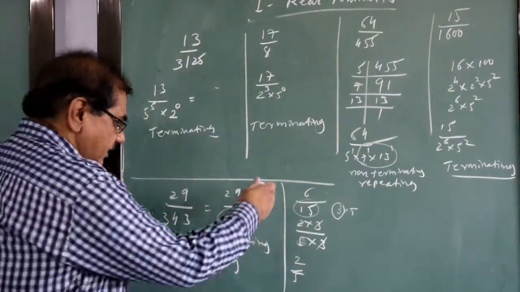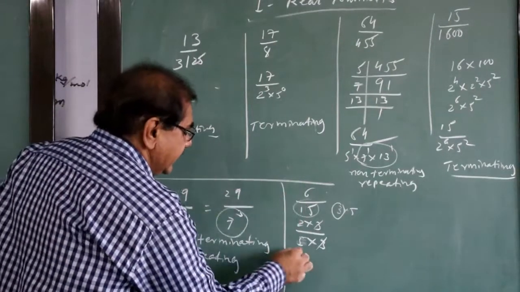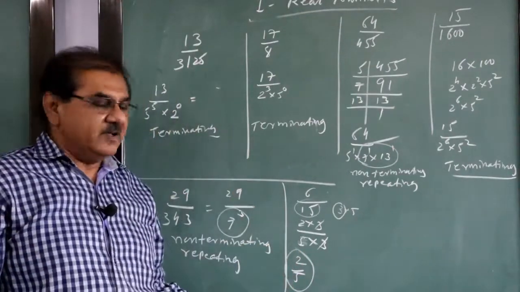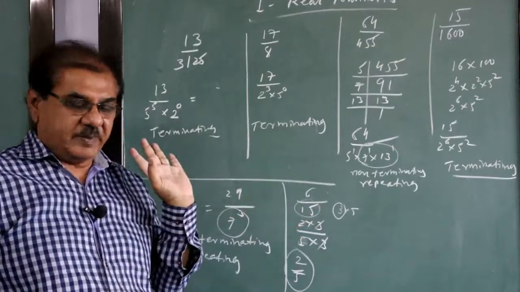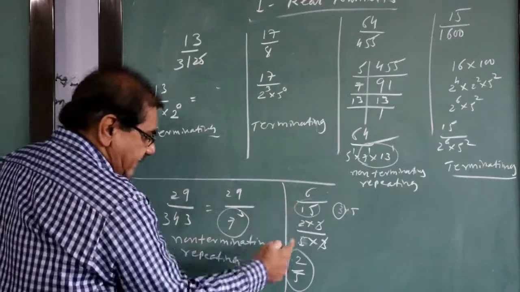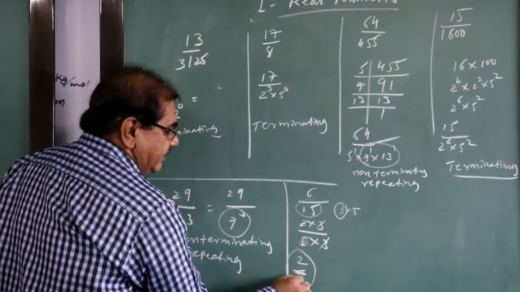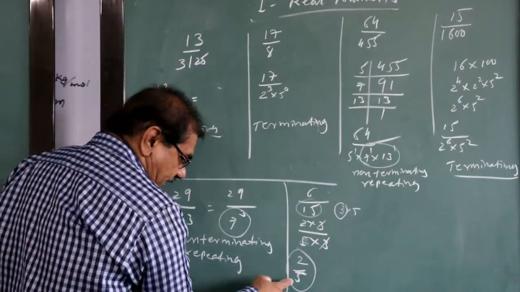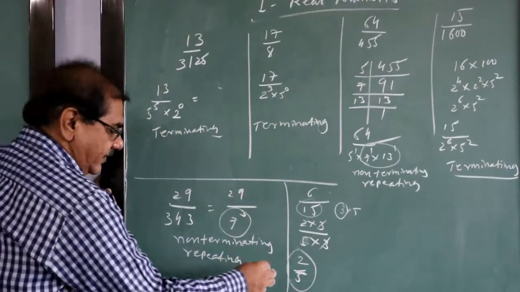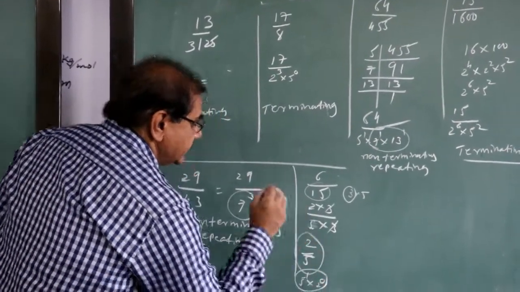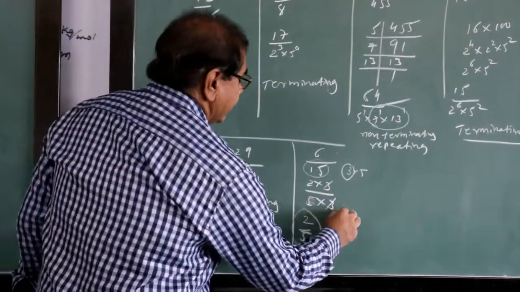Don't say like this. First of all, simplify it, get the reduced form, and finally decide whether it is terminating or non-terminating. So here, after simplifying, in the simple fraction p upon q, the prime factorization of q is in the form of 5 raised to 1 into 2 raised to 0. So it is terminating.